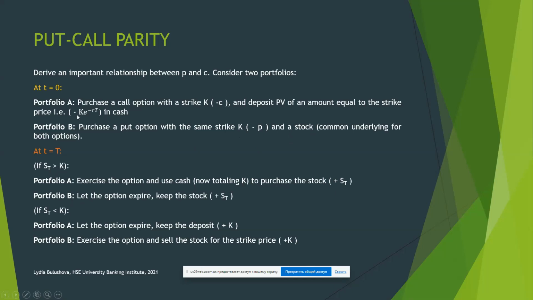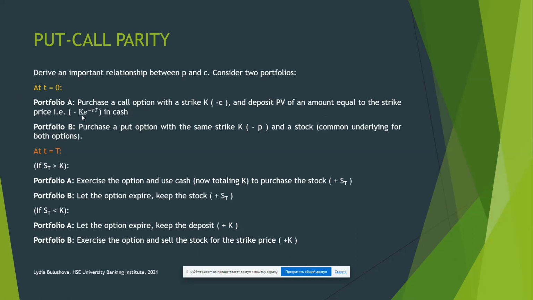In the first portfolio, we have a call option, which gives us an opportunity to purchase a stock, and we have an amount of money that at time T is going to be equal to K. So I purchase a contract that gives me the right to purchase an asset.